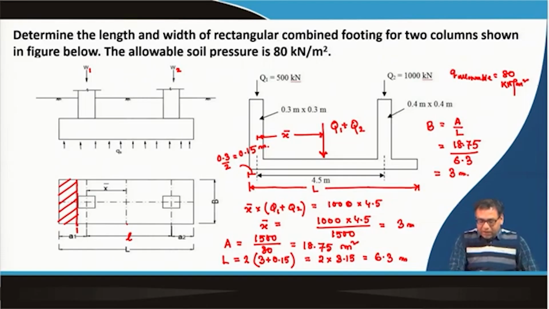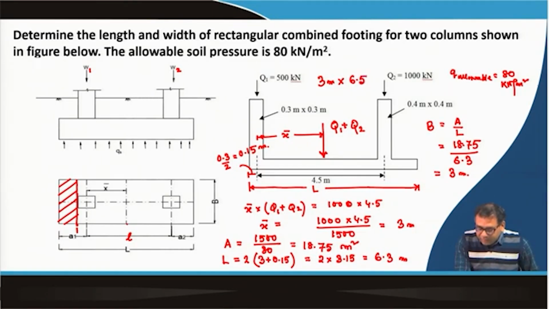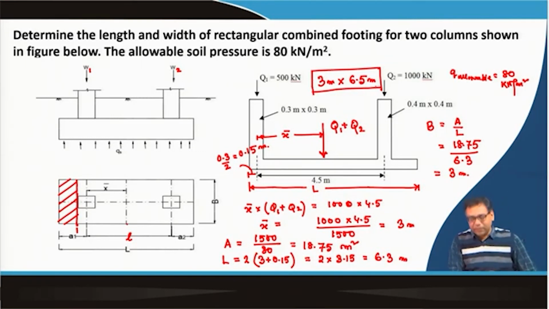So the final dimension of this foundation is 3 meter cross, if I provide in round figure, I can provide 6.5 meter. So this will be the probable dimension of this foundation.